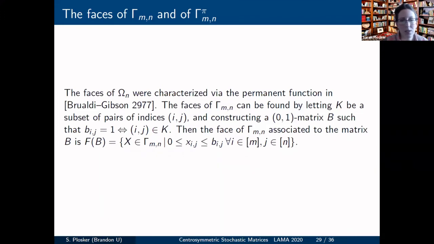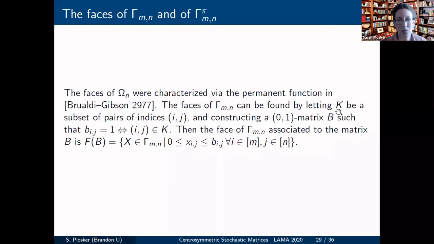We can also look at the faces of the M by N stochastic and M by N centrostochastic matrices. For doubly stochastic matrices, they're characterized by the permanent function.